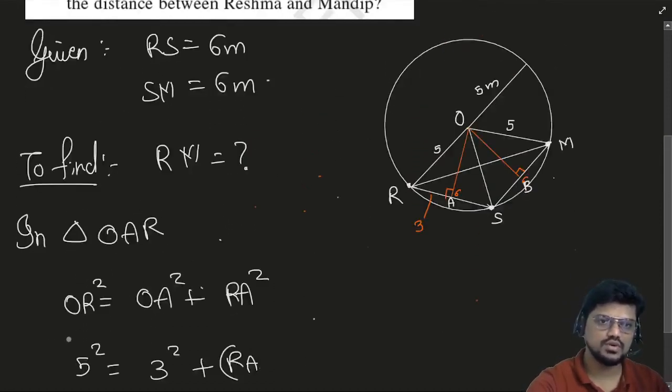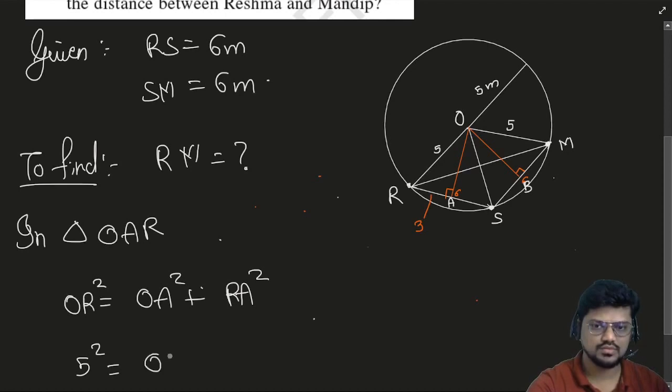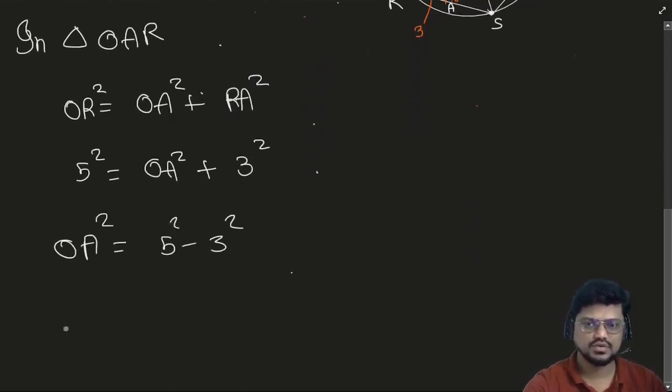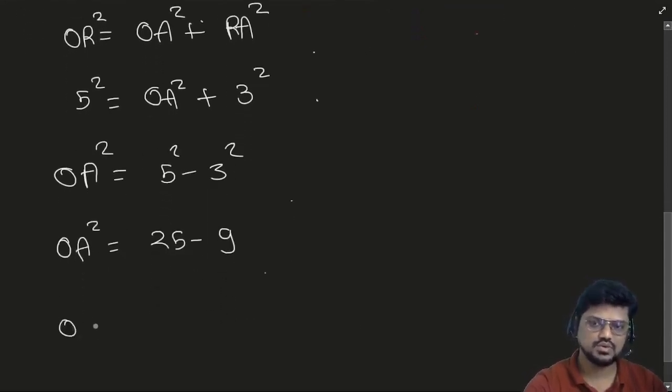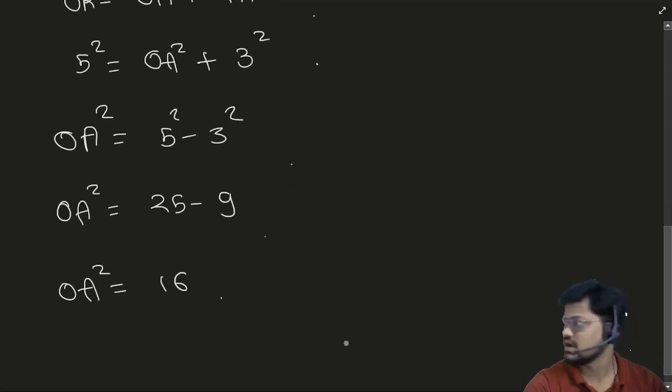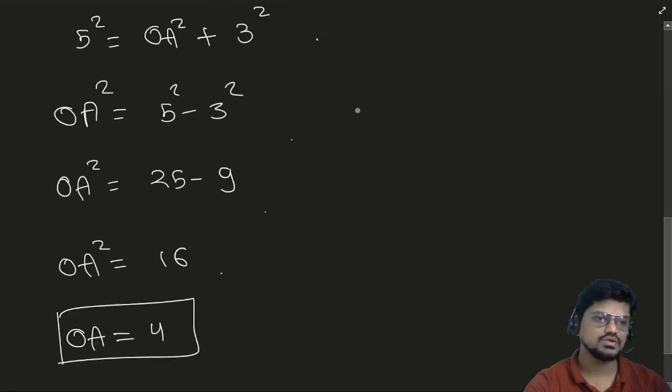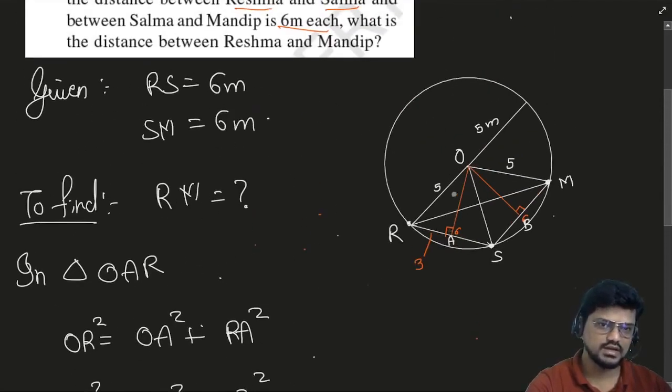OA is not known. So OA square will be equal to 5 square minus 3 square, that is 25 minus 9. So OA square will be equal to 16, and therefore the value of OA will be 4. So we got that this height is 4.